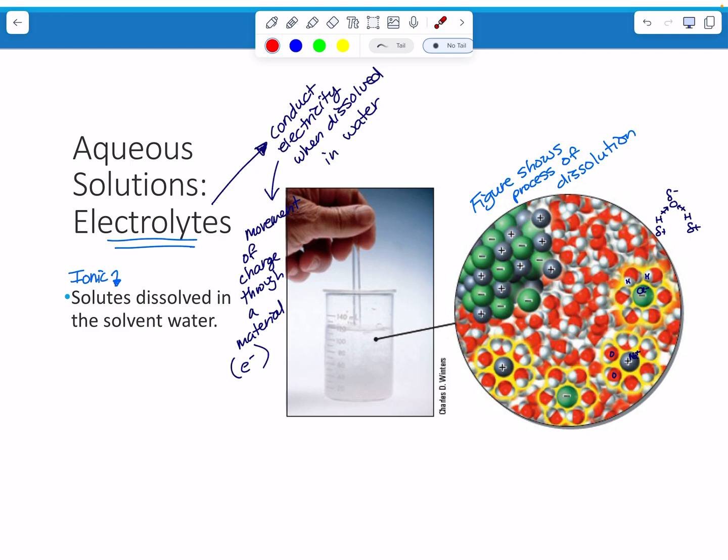So the electrolytes in your sports drink are the ionic compounds, the salts, not the sugar part. Because if we put sugar in water, it's not going to make it any better at conducting electricity, so we don't call it an electrolyte. All right.